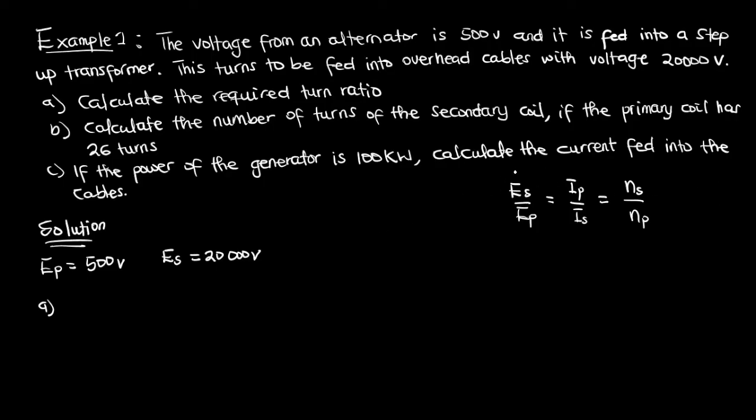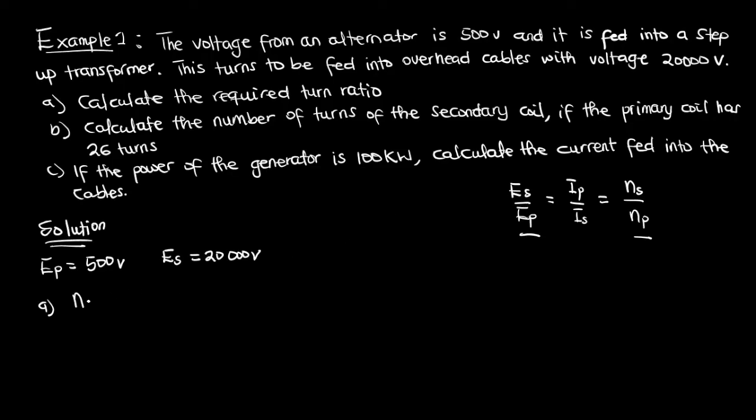So we can use any of these to calculate the required turn ratio. In this case, we only have the voltages given to us. The turn ratio, NS over NP, is what we are supposed to find, so we can equate it with the voltage ratio and find our turn ratio.